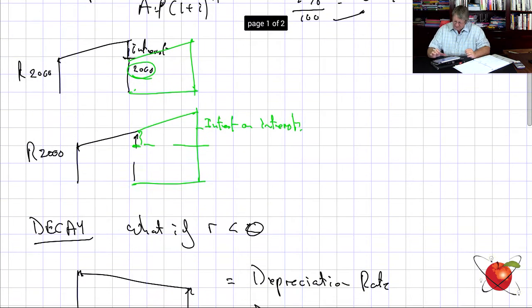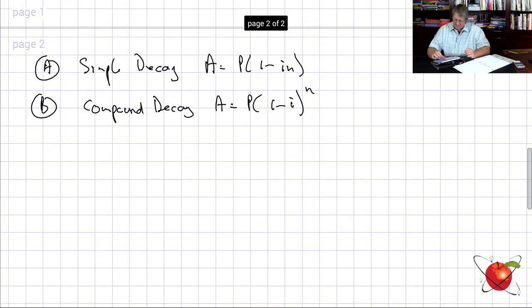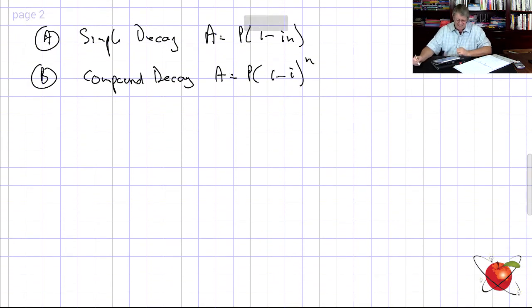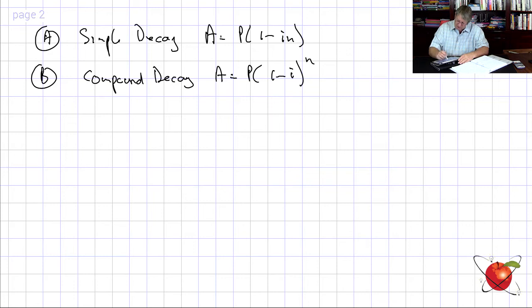So now we're at this concept of decay rate, simple decay, compound. It's exactly the same as a process where the value increases. It's just that we decrease it. Now there's two concepts that we have to look over here. Okay, simple decay is also called straight line depreciation.